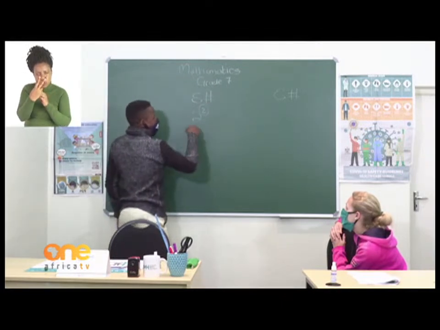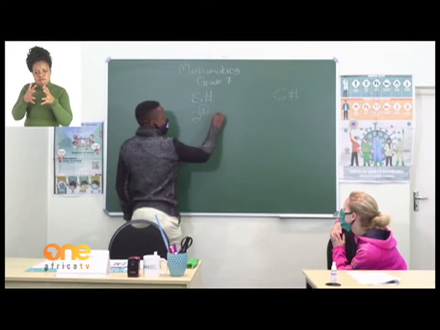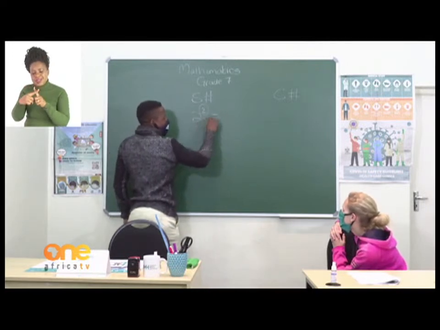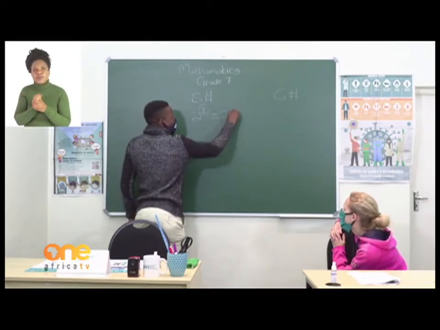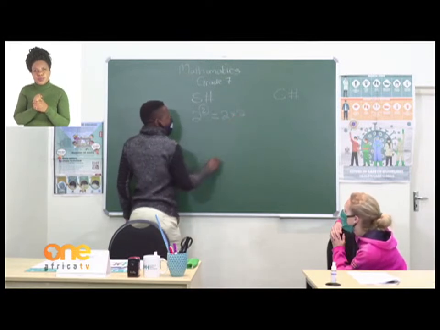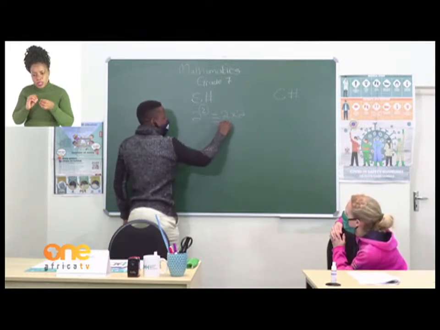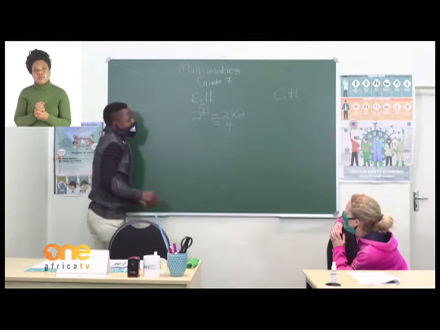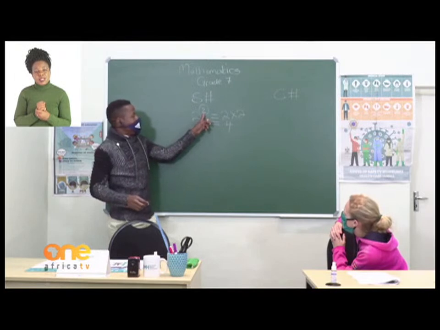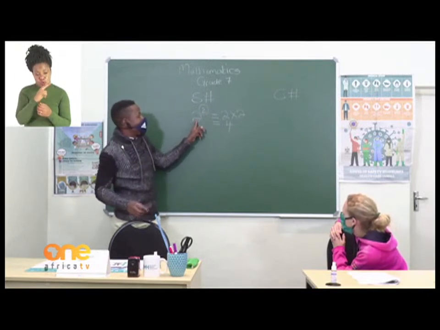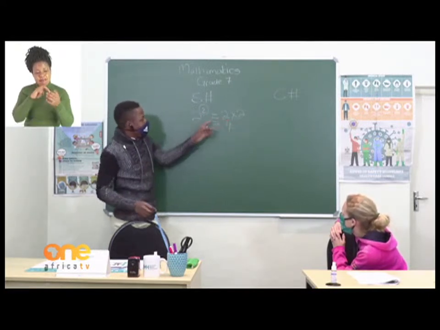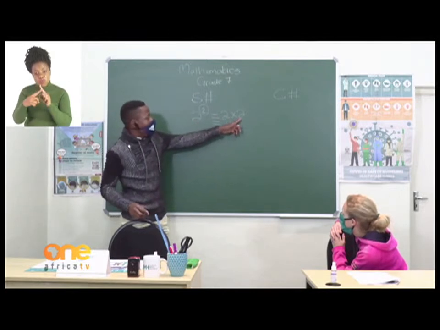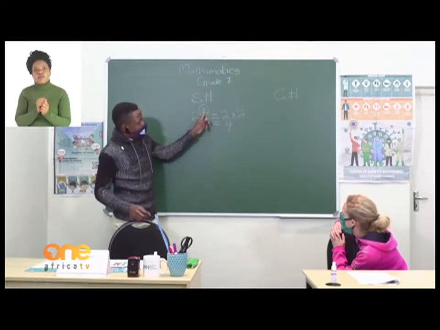You can also expand it in this way: 2 times 2 to give you a 4. If you look at this 2, it means this number has to appear twice. That's why there's a 2 here.